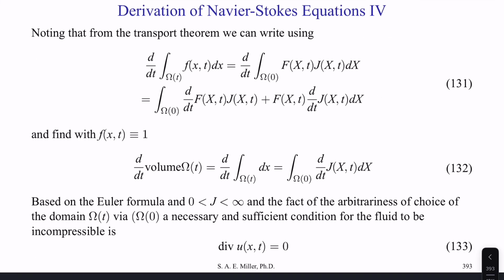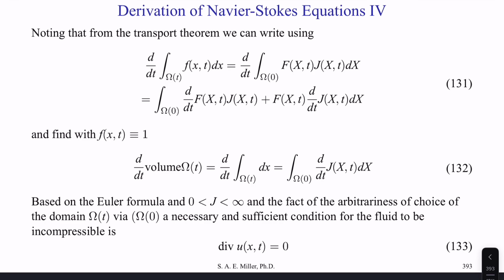Note that the transport theorem we can start using and writing as 131. And if we set f to be unity, we can write d/dt of the volume as d/dt of the volume of unity, and replace in J for Omega 0.